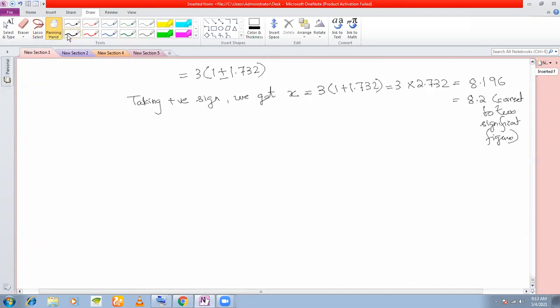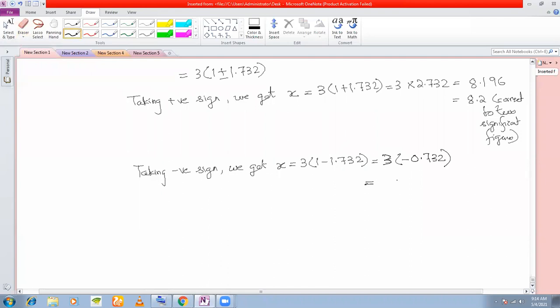Okay, next, taking negative sign, we get x is equal to 3 into 1 minus 1.732. Okay, so if you subtract 1 minus 1.732, you get minus 0.732.